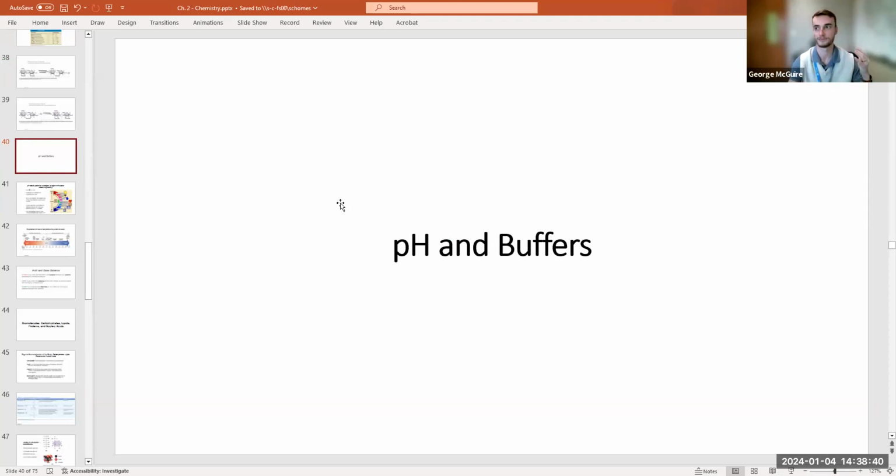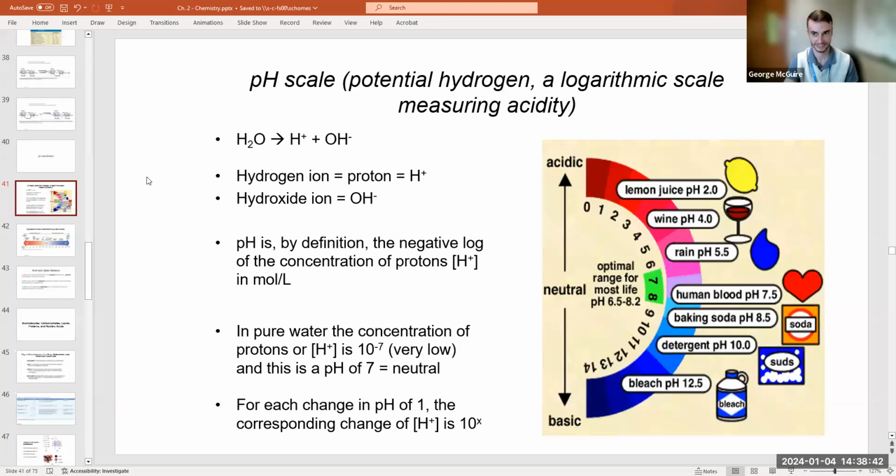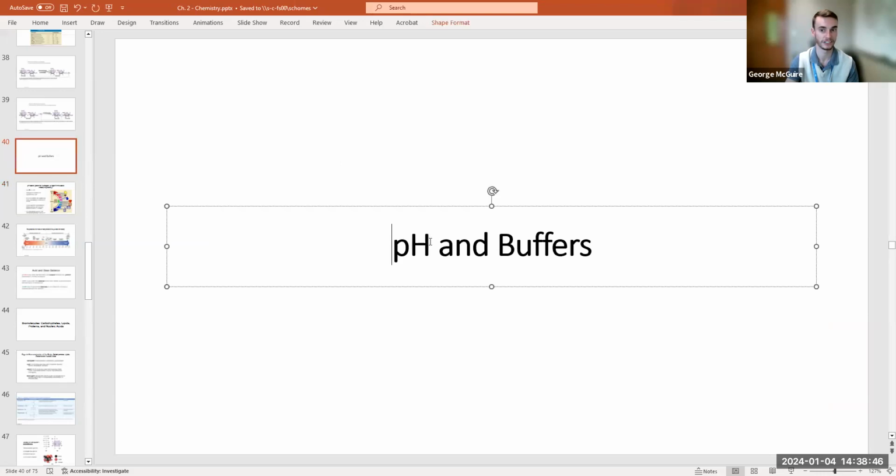So I recognize this is somewhat complex, but essentially, at the most basic level, pH is reliant on the concentration of hydrogen ions. Right? So this H. So it's referring to the concentration of hydrogen ions that are present in a solution, specifically hydrogen cation ions, which would be a single proton.